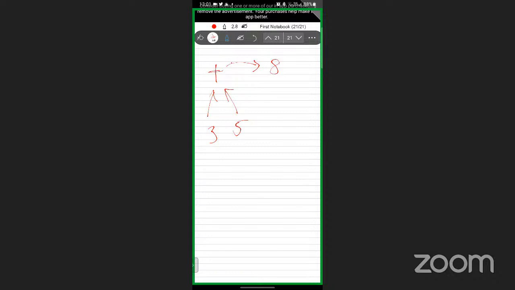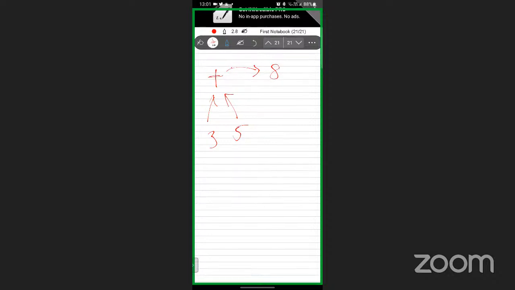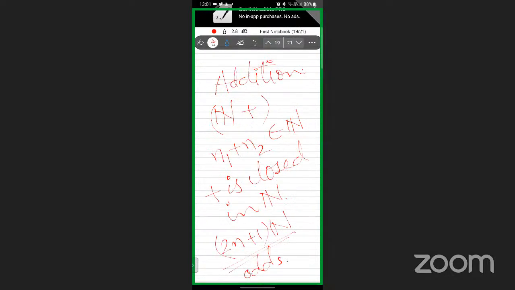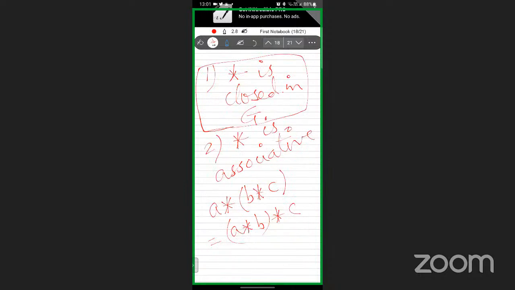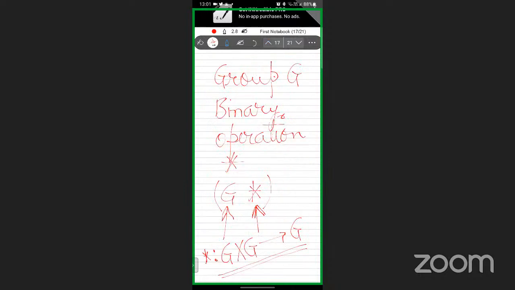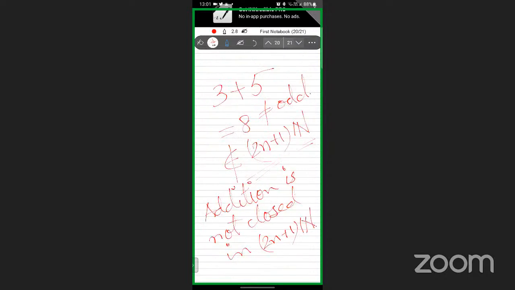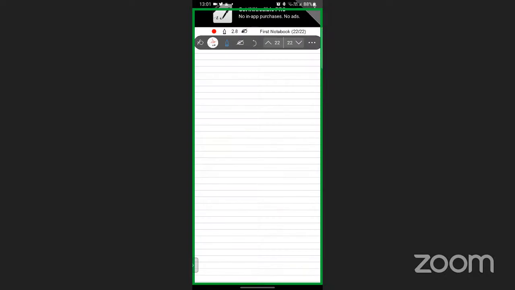When you understand this, the group is a generalization of your concepts of addition, multiplication, subtraction, division. The group operations are a generalization.